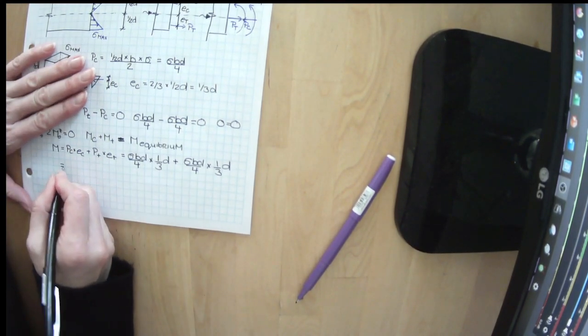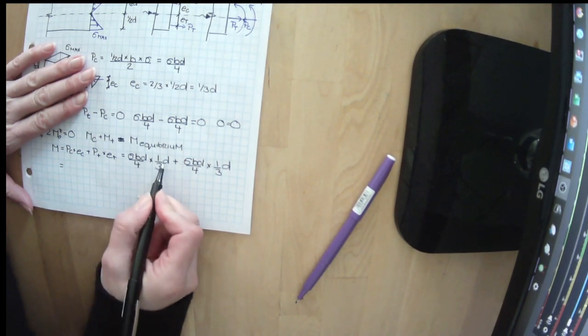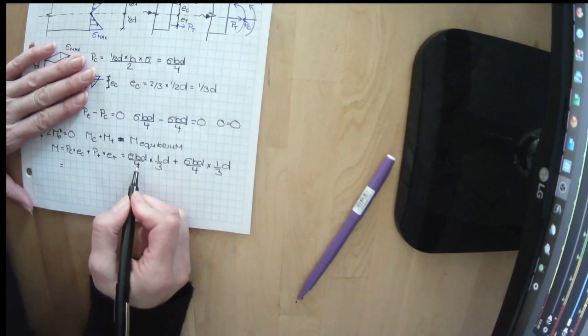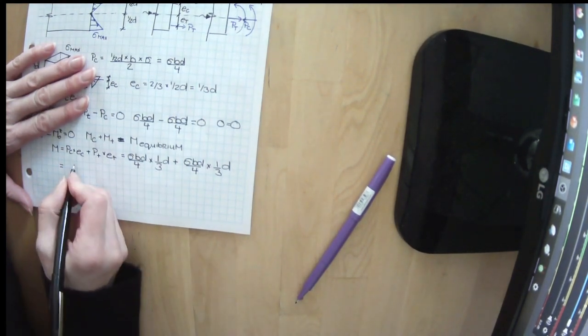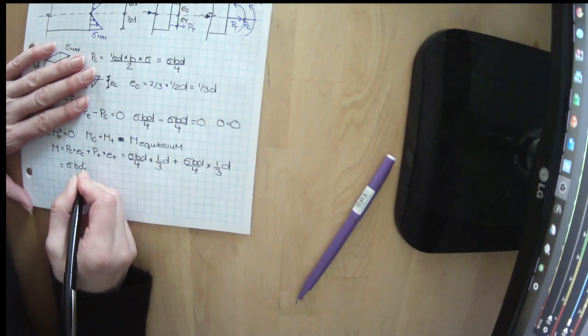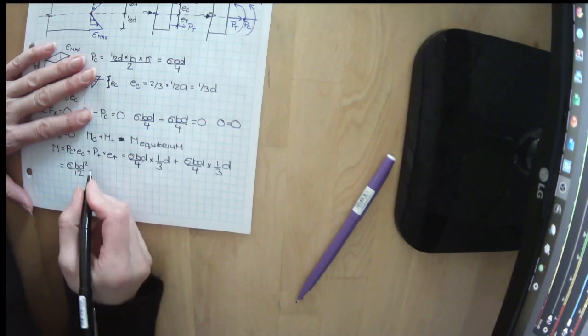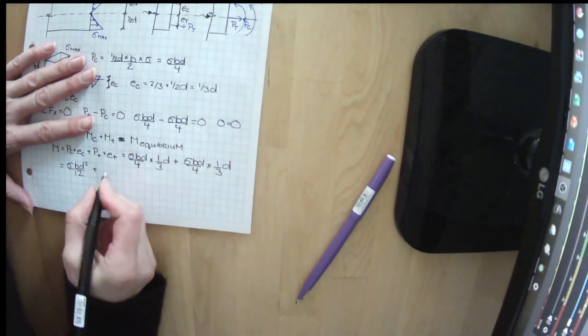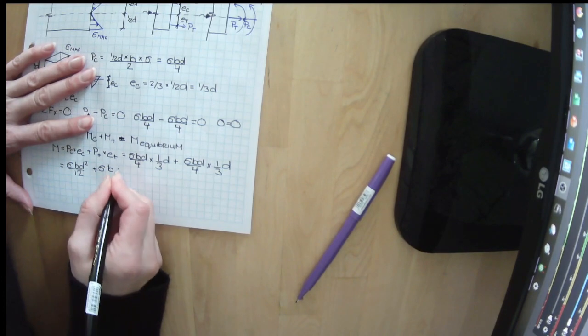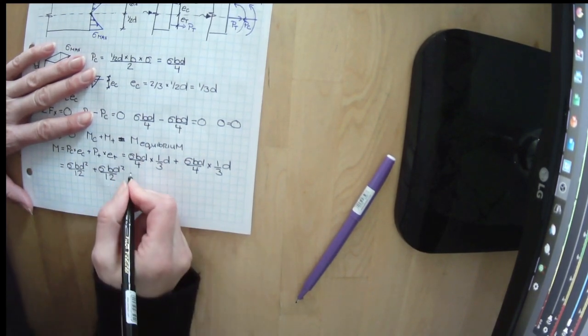So we have stress B, there's 2 D's squared, so that means D squared, and 4 times 3 is 12. Or stress BD squared divided by 12. Same thing here, so stress BD squared divided by 12. We add these up.